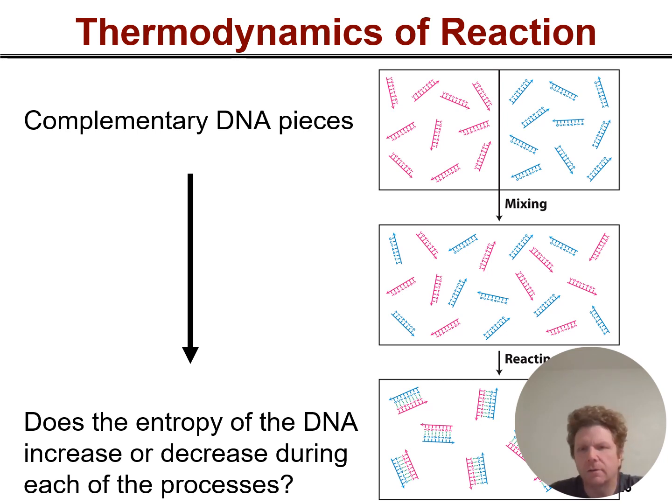Now, the last cell, where we have blue and green molecules together. Those blue and green molecules mixed together occupy comparable spaces, but now they've come together. So we have a system that's a little bit more ordered. That would be an example of entropy decreasing.